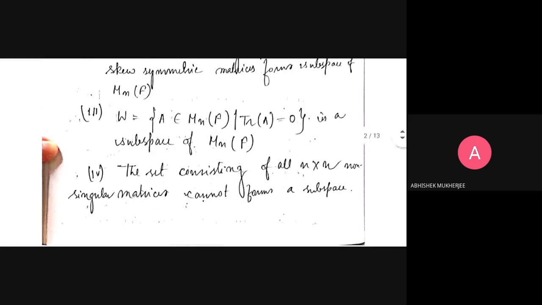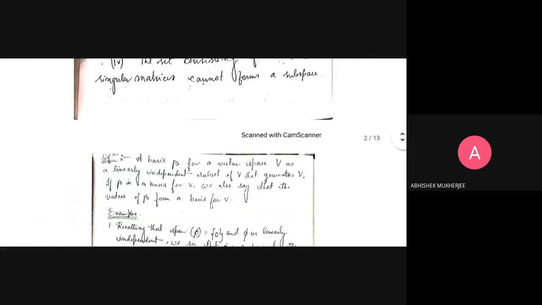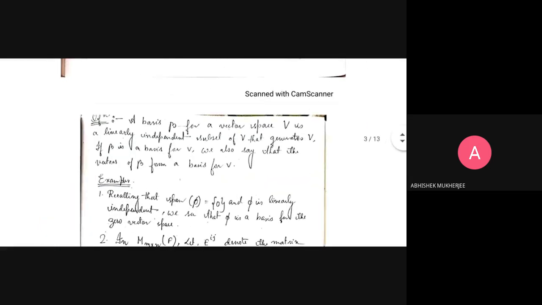So the set does not contain the zero matrix, as it is a singular matrix. For that reason, it will not form a subspace. So this is the question. Now I will go to the second definition, that is, what is a basis.